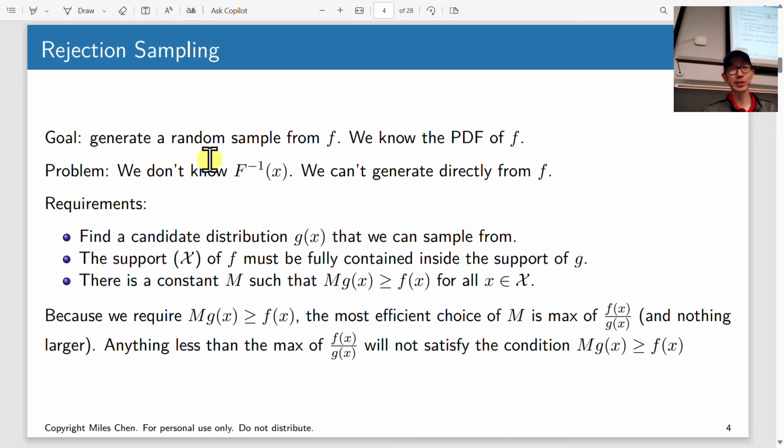So the goal is still the same. We want to get random values from some distribution. All we have is the PDF. We either don't want to figure out the CDF because it's too hard, or we can't figure out the CDF.